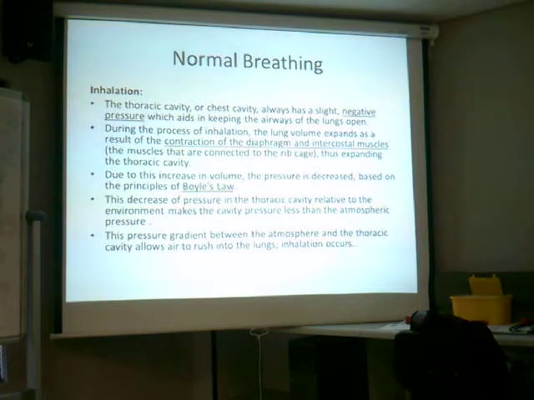Okay, normal breathing. I'm not going to spend too much time on this, but make sure that you understand the normal physiology of breathing. We inhale and we exhale, and certain things happen when we inhale and when we exhale. This is one of the things that we usually don't think a lot about.